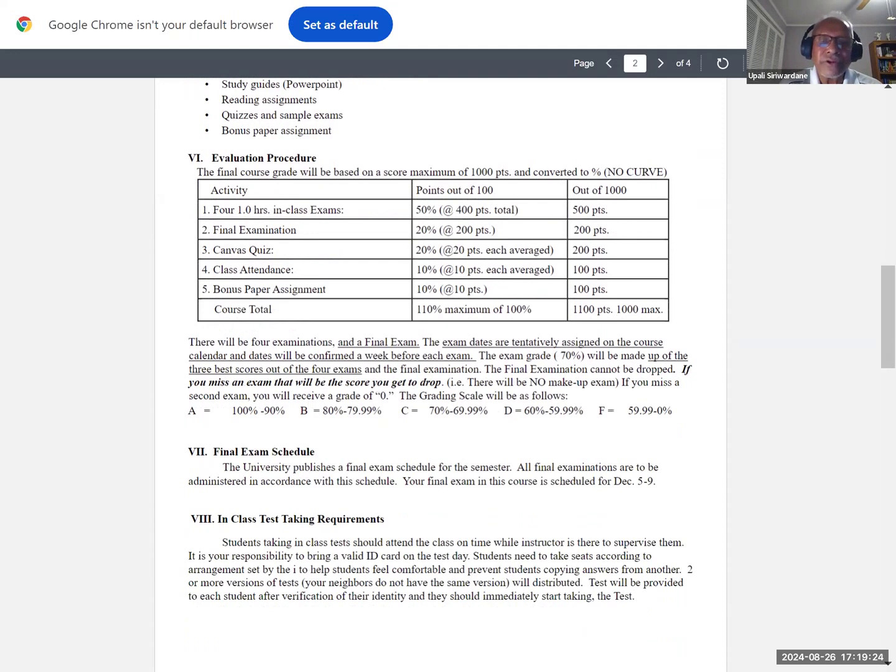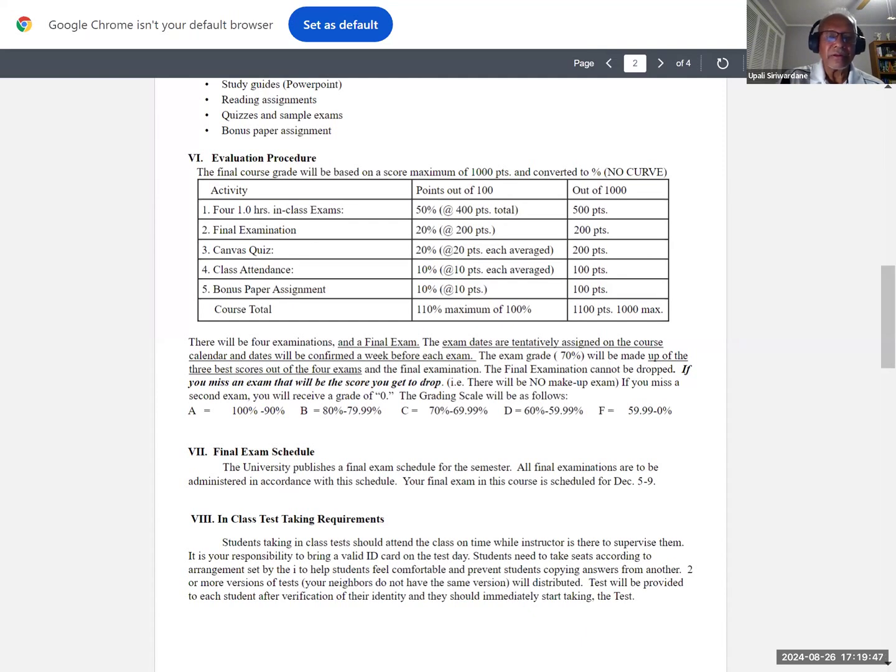It's based on 4 tests and the final exam. 4 tests count 50% to your course grade. Final exam contributes 20% to your final grade.